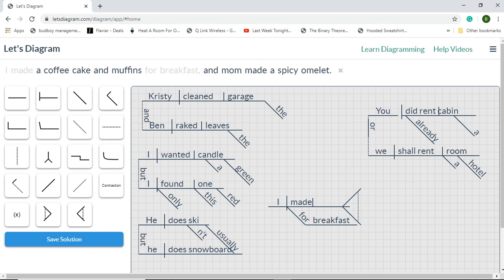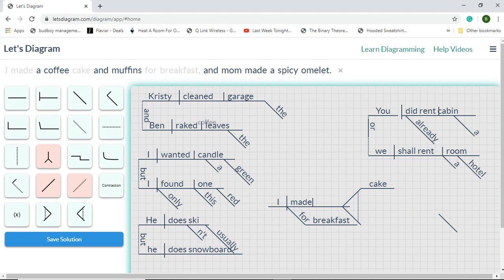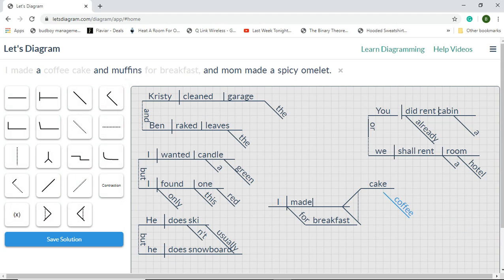A rocket ship. Put that in there. So, what is our first direct object? Well, our first direct object is cake. What type of cake is it? Well, it's coffee cake. So the adjective is coffee. Okay, come in here. Bam. A is also an adjective. I swear they move these around on me. Okay. A cake.